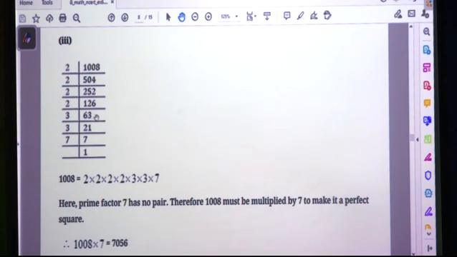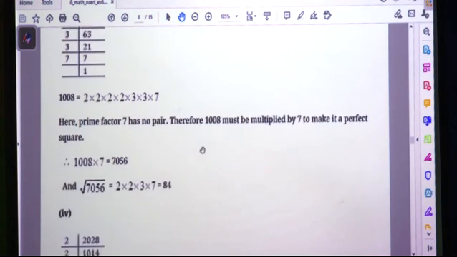Further, it is not divisible by 2, 3 2s are 6, 3 1s are 3, 3 7s are 21, 7 1s are 7. We can see here there are 2 pairs of 2, 1 pair of 3, 7 has no pair. Therefore, we are multiplying 1008 by 7 to make it a perfect square.